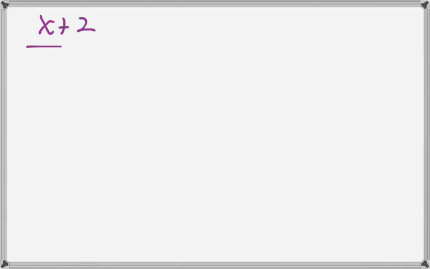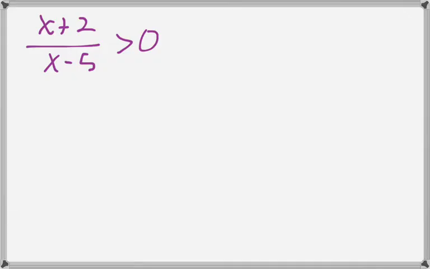So here's our first example. We have x plus 2 over x minus 5 is greater than 0. The solutions will be numbers that we can substitute for x that will make the left side positive.